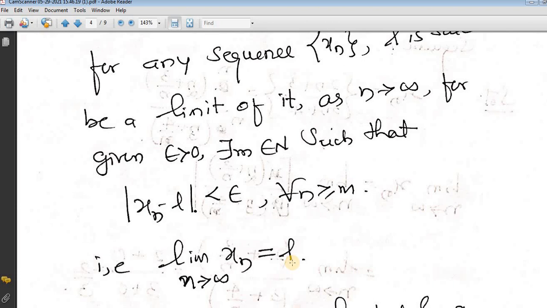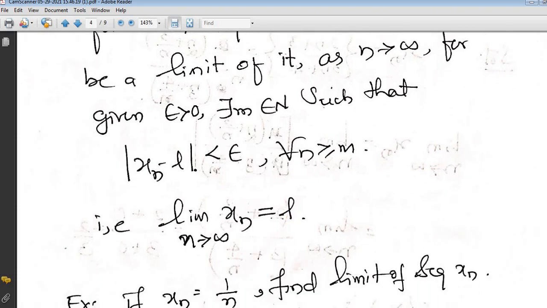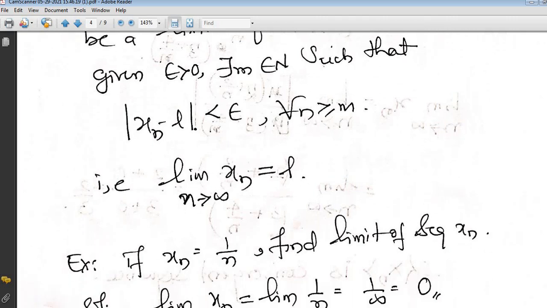We know what the limit of a function is. Suppose the function is x plus 2. When x tends to 2, what is the function value? x plus 2, substitute the value of x as 2: 2 plus 2 equals 4. In a similar way we find the limit of a sequence. Okay, now a small example is given here.